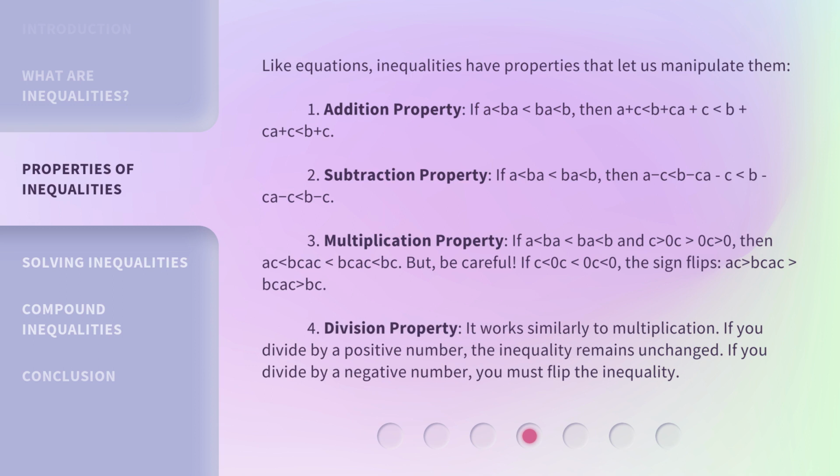If c < 0, the sign flips: ac > bc. 4. Division property. It works similarly to multiplication. If you divide by a positive number, the inequality remains unchanged. If you divide by a negative number, you must flip the inequality.